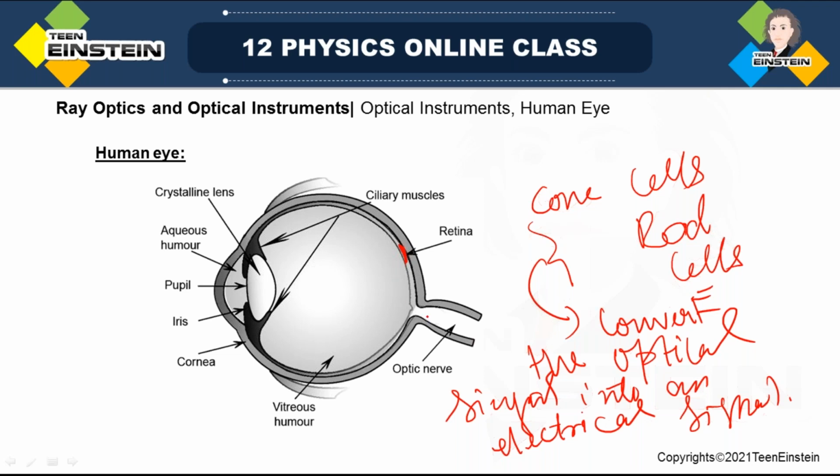Electrical signal, and then there are nerves over here, and these nerves will go to our human brain.